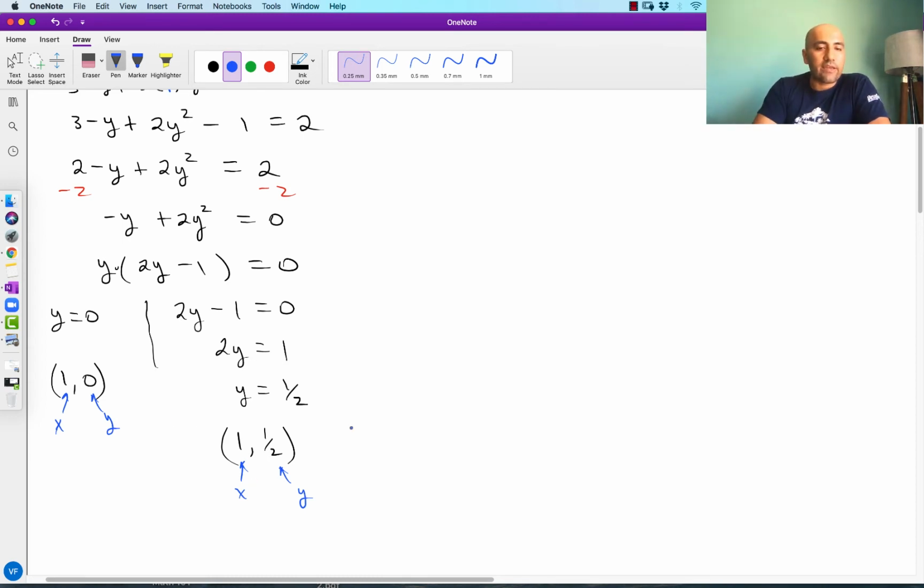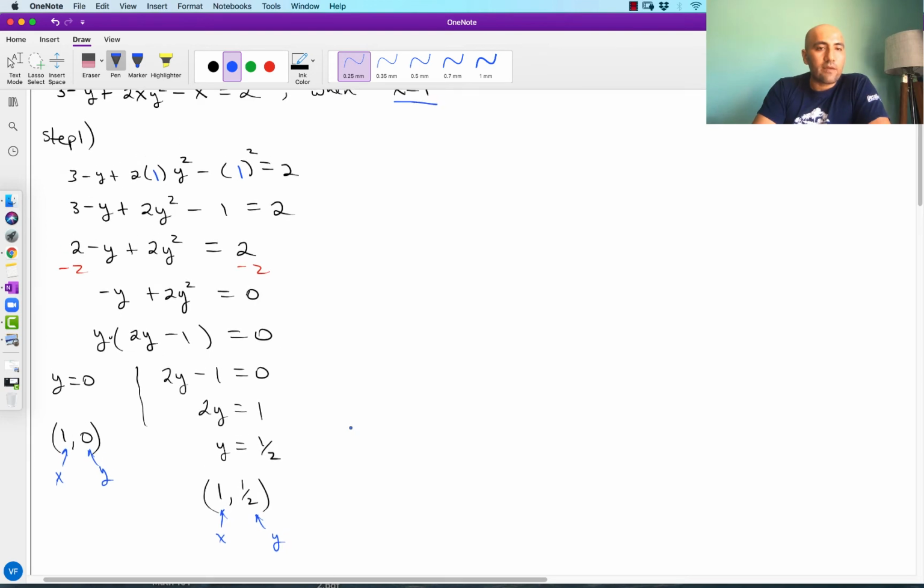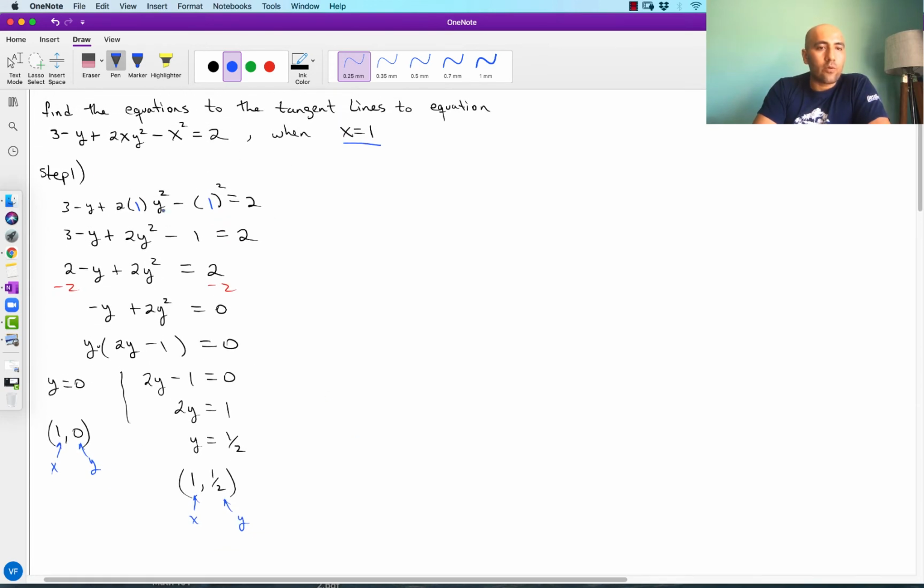If we wanted to check these and make sure that they make sense, we can come back to our original equation and replace all the y's and all the x's with one of the ordered pairs. So for example, let's replace the y with a 0. That's going to be easy. y squared is 0, so the middle two terms disappear when y is 0.